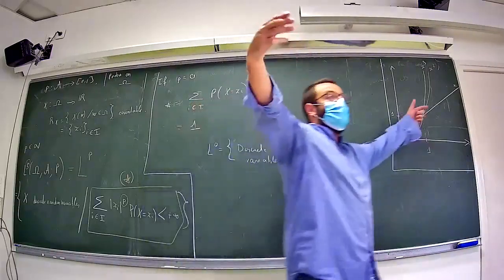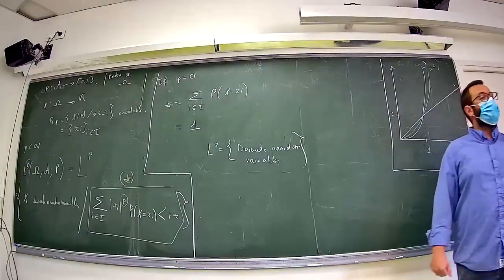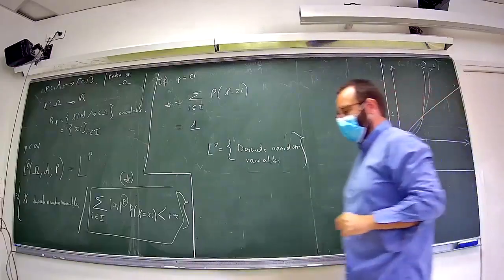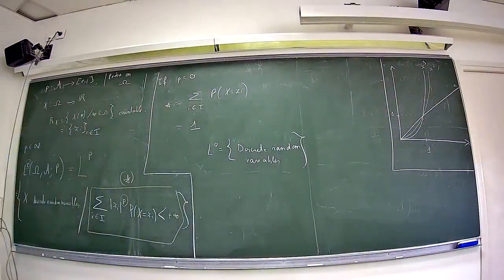So L0 is all of them. Okay? If p is not 0, for example, p equal to 1, I will have a condition. Okay? And we are going to see what happens. Okay?